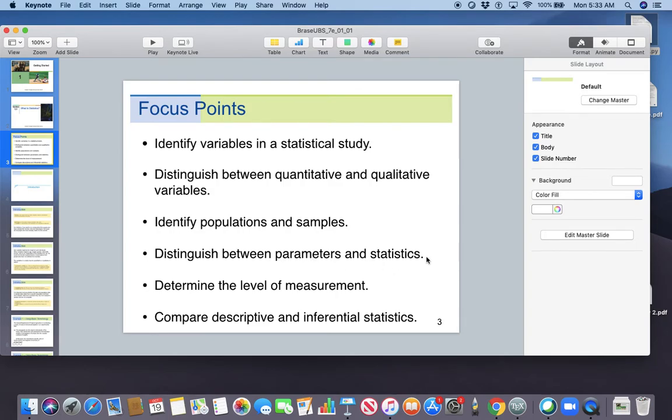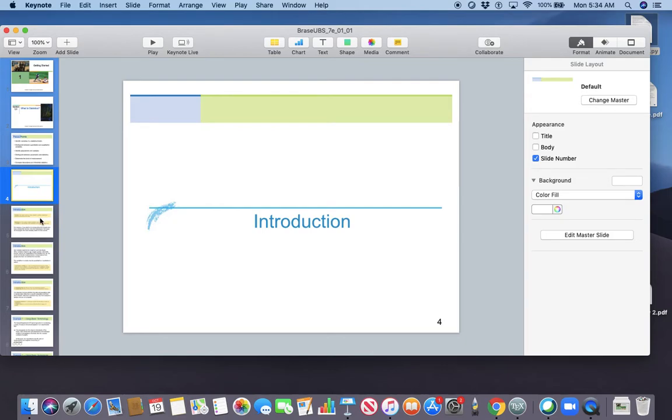Parameters, statistics. Determine the level of measurement, compare descriptive and inferential statistics. So these are technical terms. By solving problems, you will understand what each term means. Okay, let's start with the introduction.